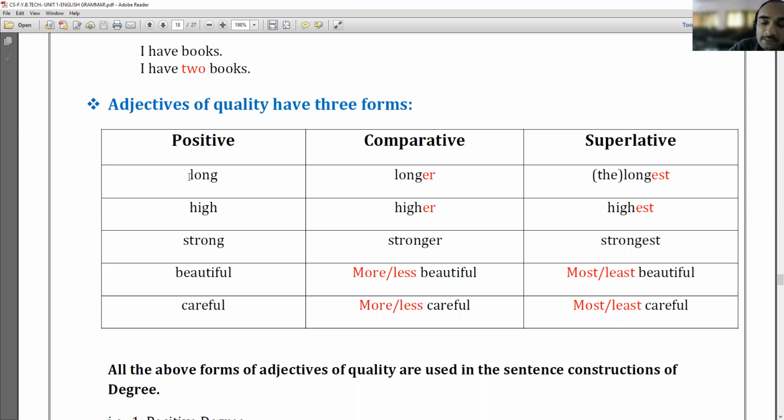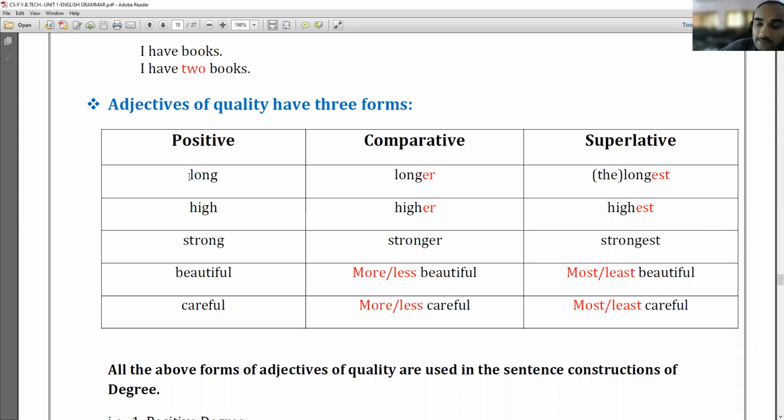When we are using that adjective in the sentence, we have to use the before that superlative adjective. Superlative adjective च्या आधी आपण काय करतो, तर the हे आर्टिकल वापरतो.